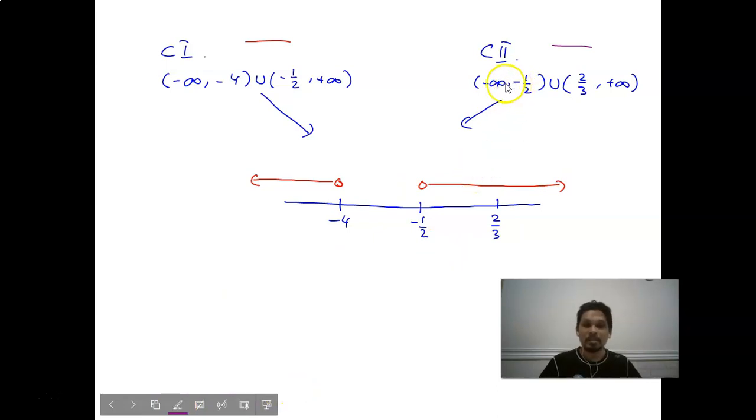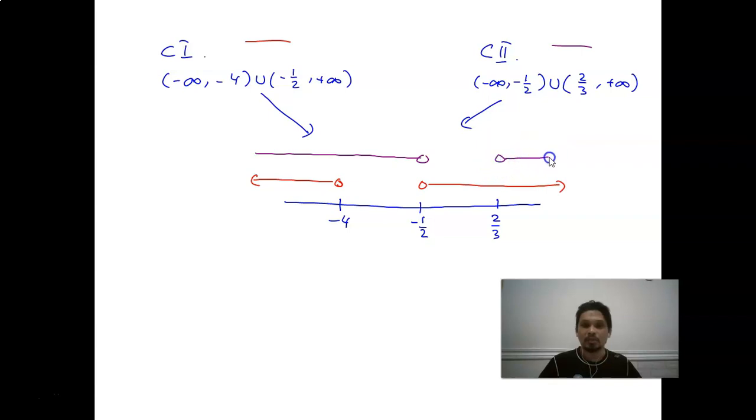Then next is negative infinity until negative half. And this one here, 2 over 3 to positive infinity.